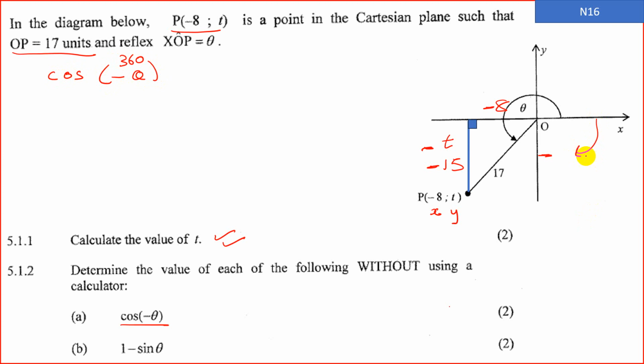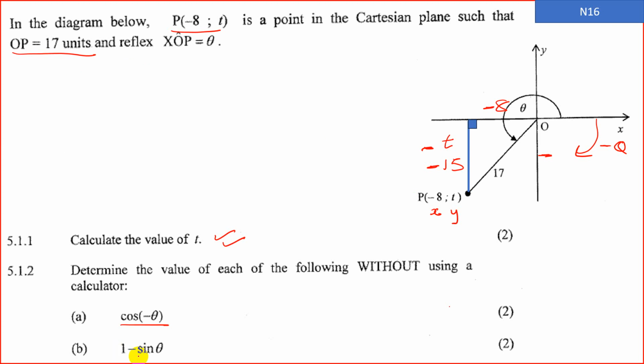Or we go in the reverse direction, and there's our negative angle sitting in the fourth quadrant, and we know that in the fourth quadrant cos is positive. From our trig definitions, cos is x over r, and in our diagram the value of x is minus 8 and the value of r is 17. So we get minus 8 over 17.